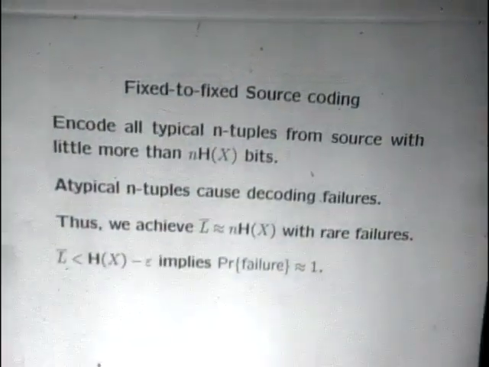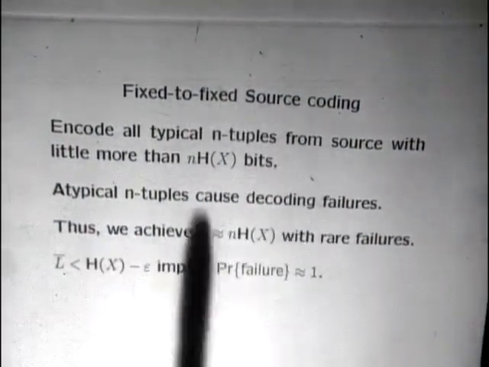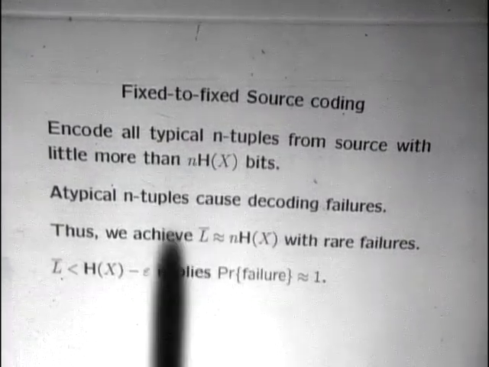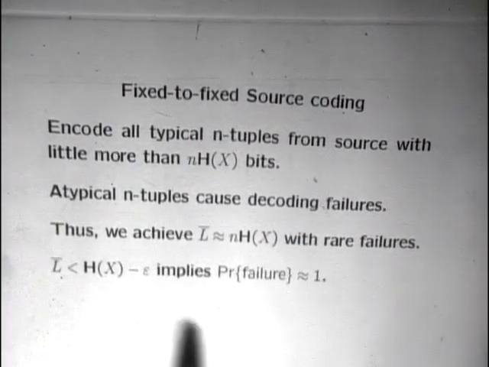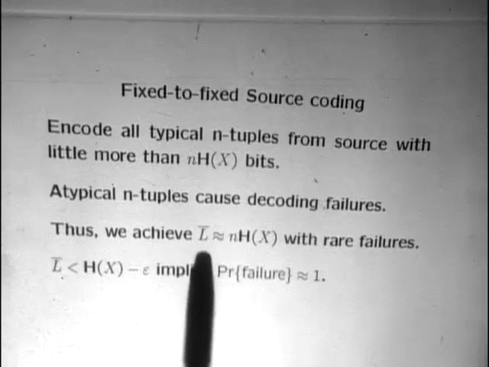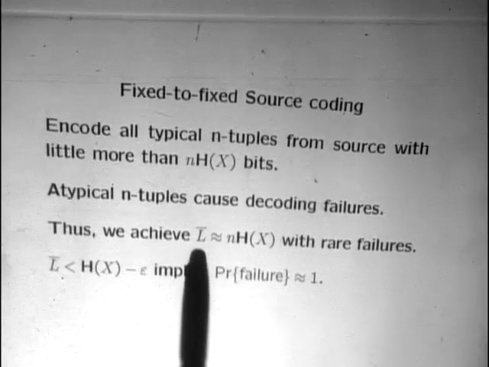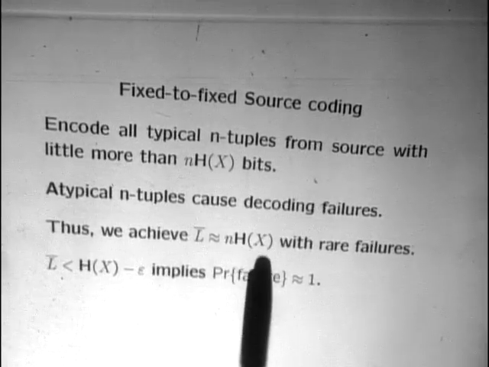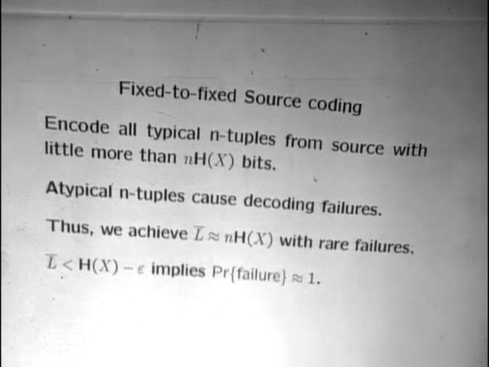Oh, I didn't say everything there. What this typical set picture gives us is that you can achieve an expected number of bits per source symbol, which is about n times H of X, with very rare failures.